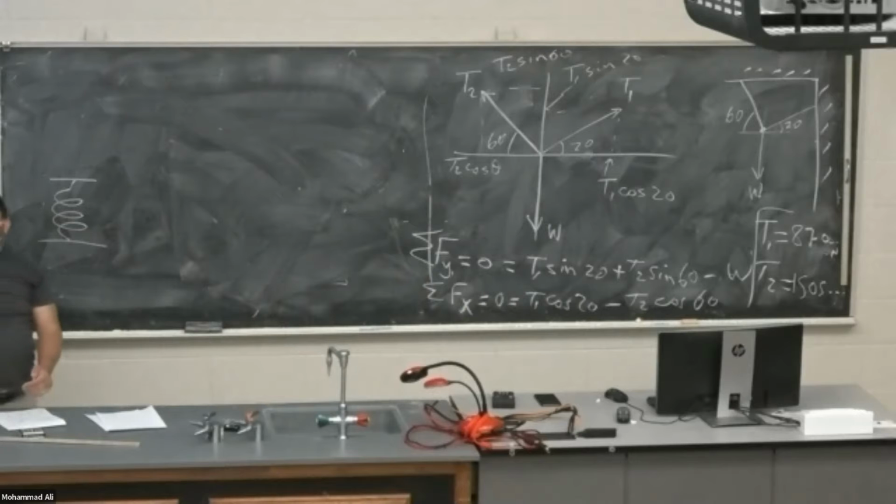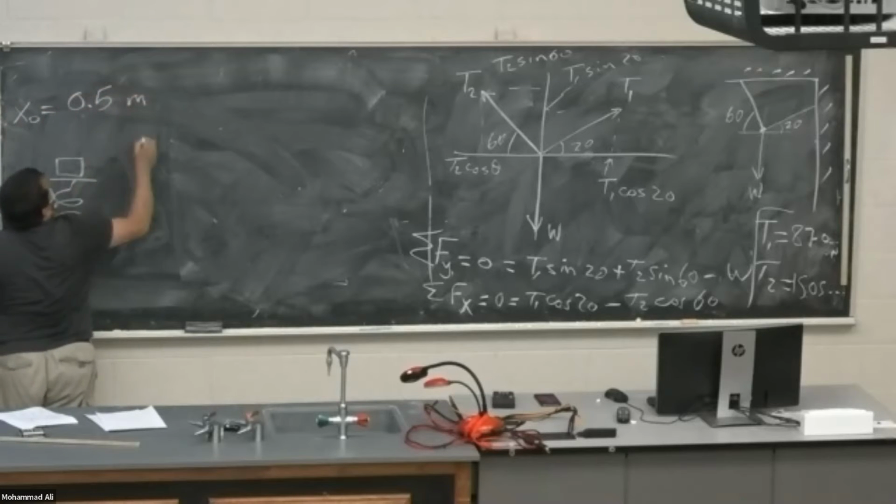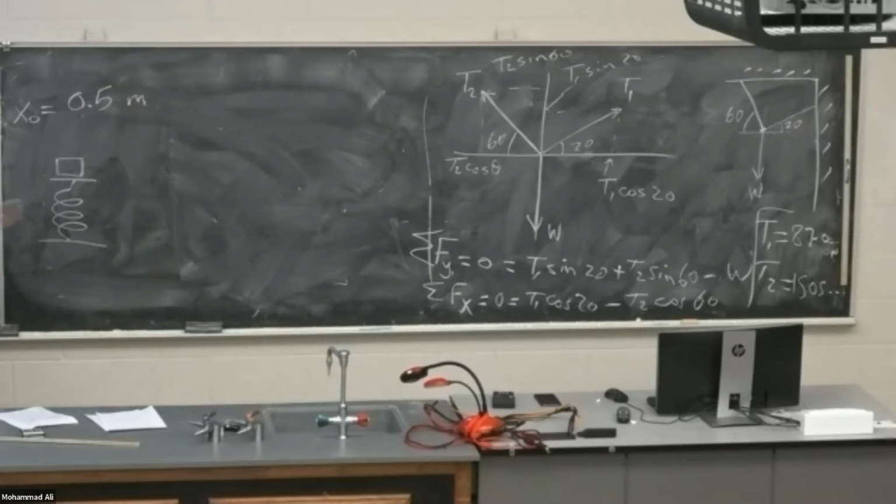I'll go to the example just to understand what we need to discuss. If I put a mass, and my x naught is equal, for example, to 0.5 meters, half a meter, this mass has a weight downward.